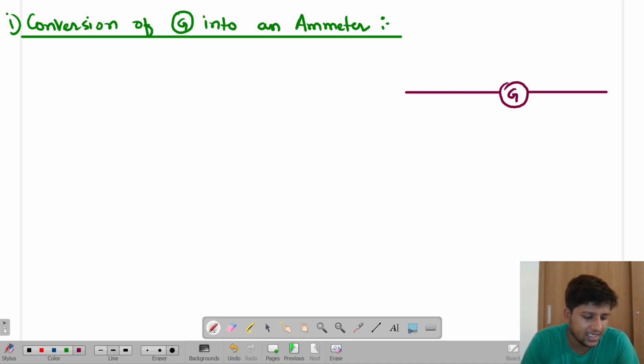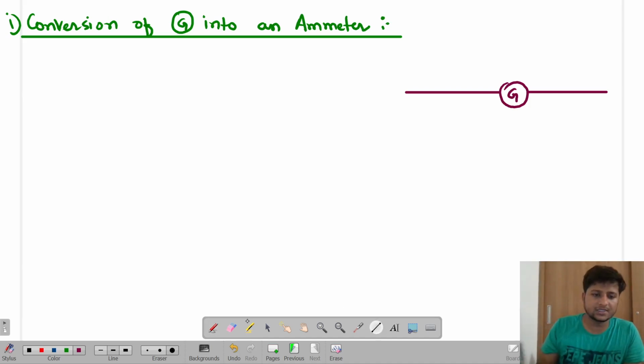Now the point is, I want a current. If I join a resistor in series, the voltage will change or not? The answer is yes. I need a constant voltage supply. So I need to connect in parallel.